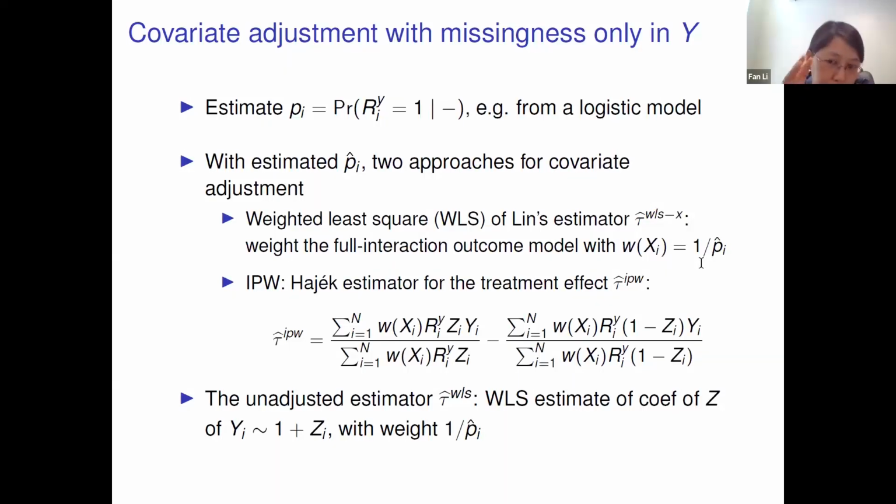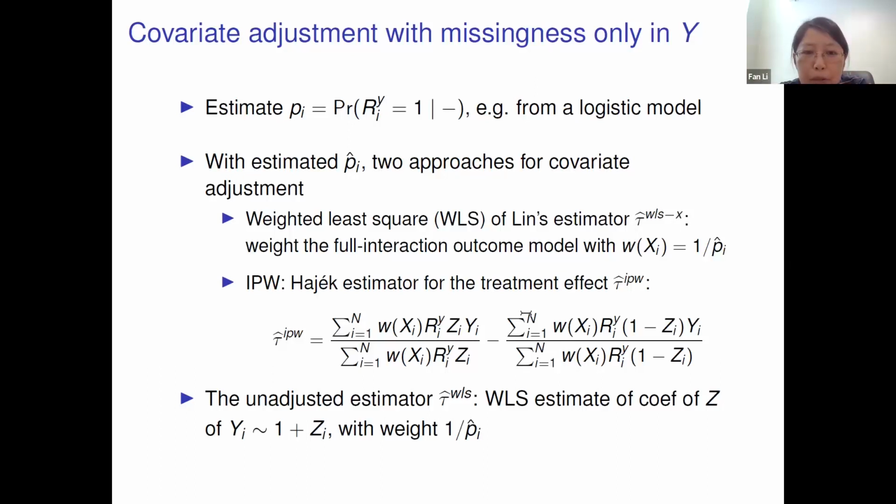Again, IPW on the outcome, okay? Outcome missingness. Or instead, you can also purely use the Hajek estimator. Again, I wrote it here, complicated. Essentially, you can calculate the weighted difference between the treatment group and the control group, and I think here the weight is... So the point is that you calculate the weighted.